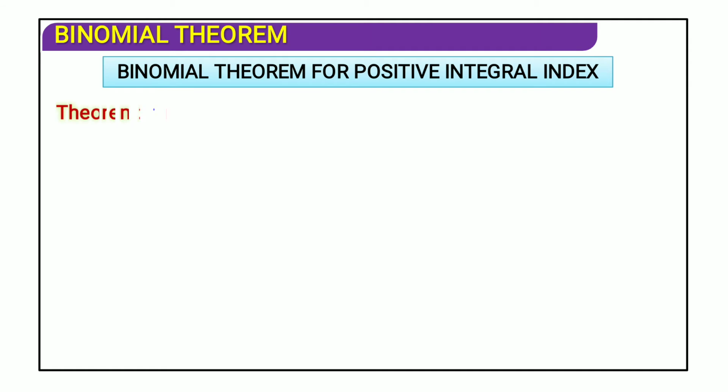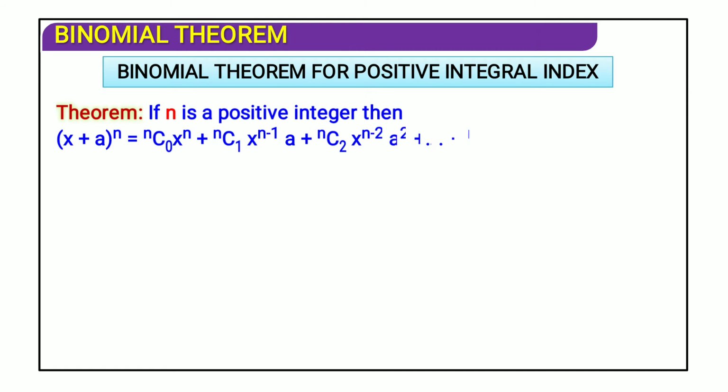The theorem says that if n is any positive integer, then x plus a to the power n is equal to nC0 x to the power n plus nC1 x to the power n minus 1 a, and nC2 x to the power n minus 2 a square, and so on. In general, nCr x to the power n minus r a to the power r, plus nCn a to the power n x to the power 0. I am writing x to the power 0 to be 1 over here. That's it. This is the binomial expansion.